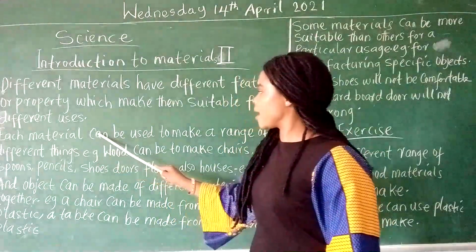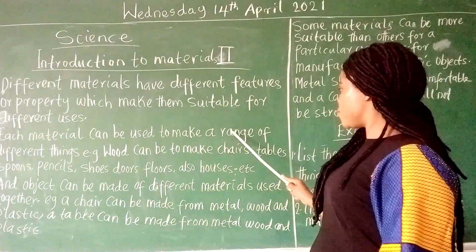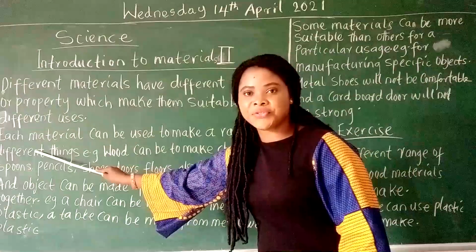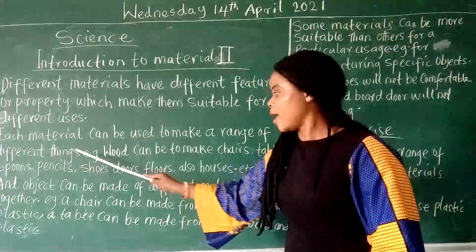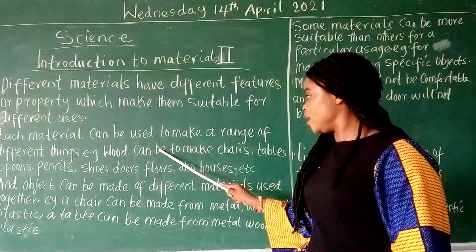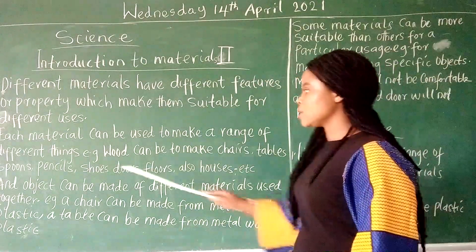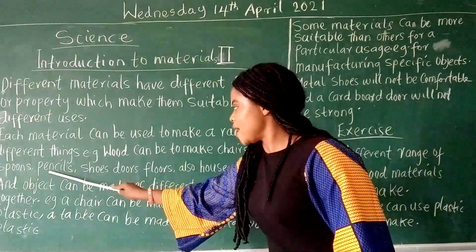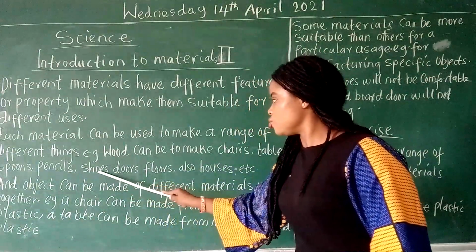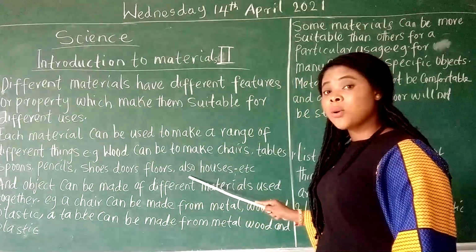Each material can be used to make a range of different things. Example, wood can be used to make chairs, tables, spoons, pencils, shoes, jars, floors, and also what?